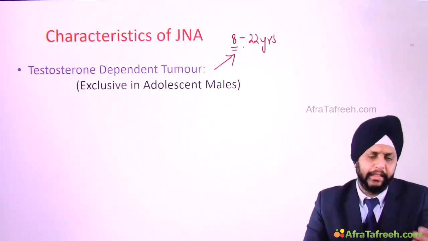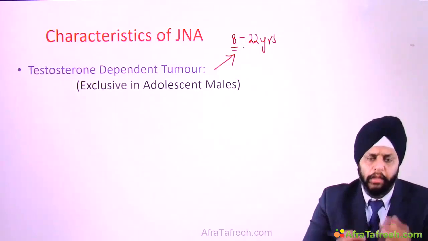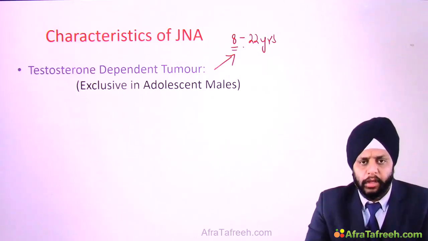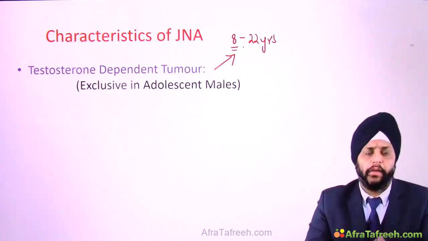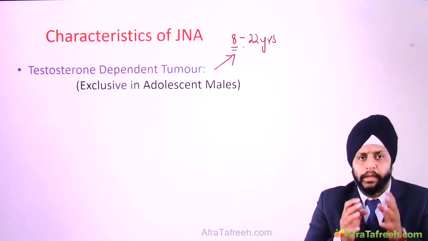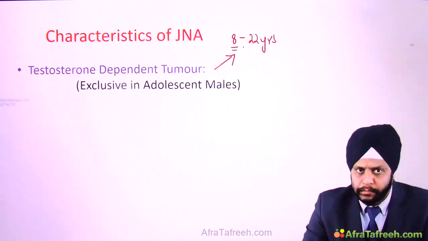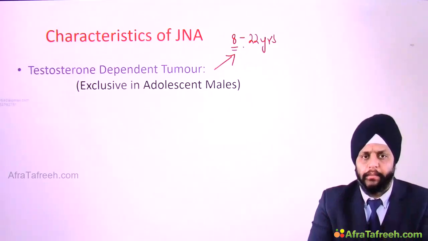So 8 years is the earliest possible to 22 years the latest possible. Right? So adolescent males. Now why only males? Why not females? Because this is a testosterone, male androgen dependent tumor. So it is not seen in females, it is seen exclusively in males.